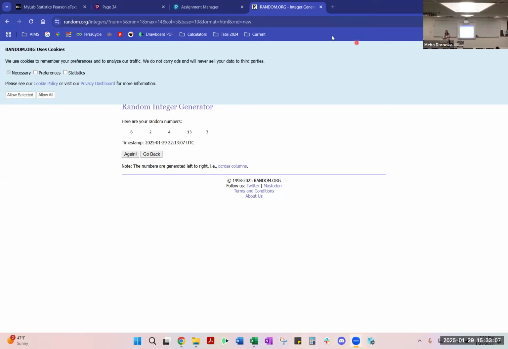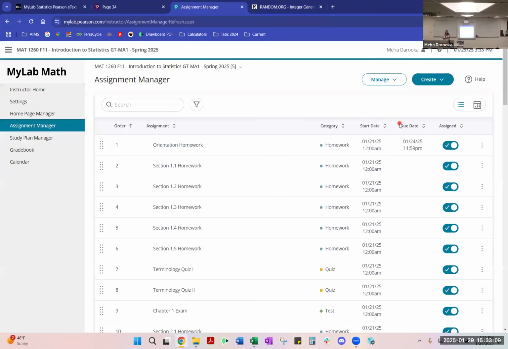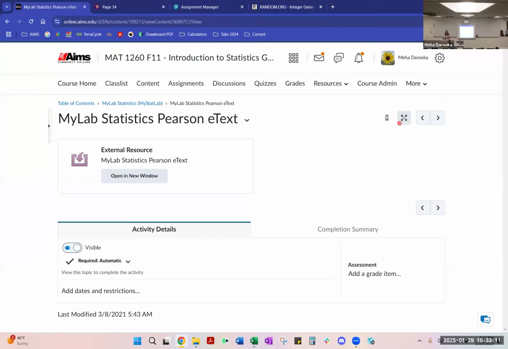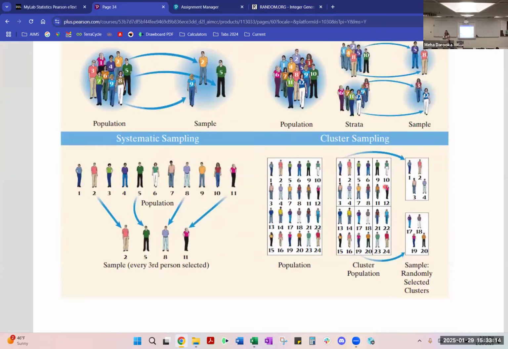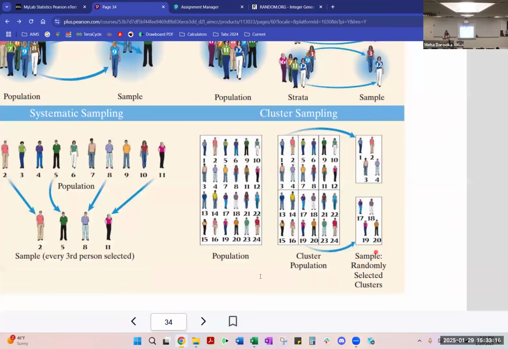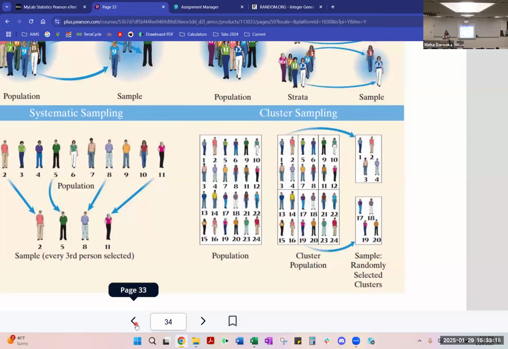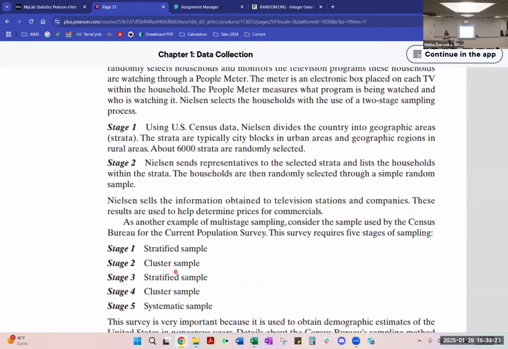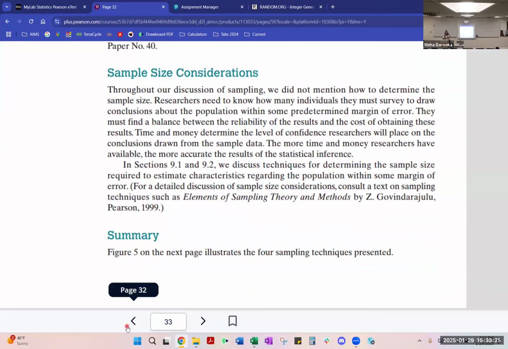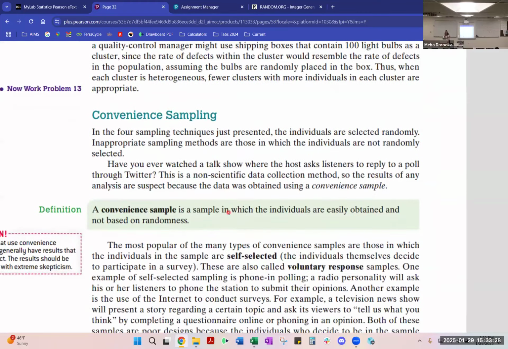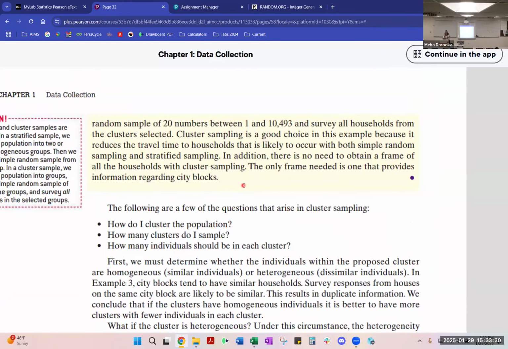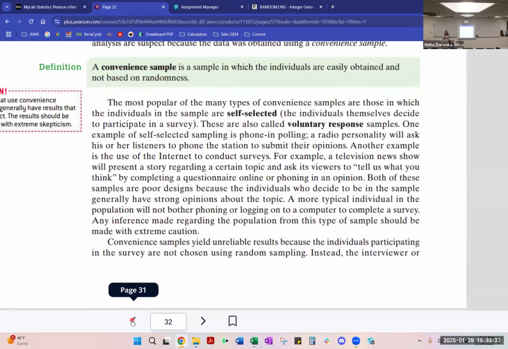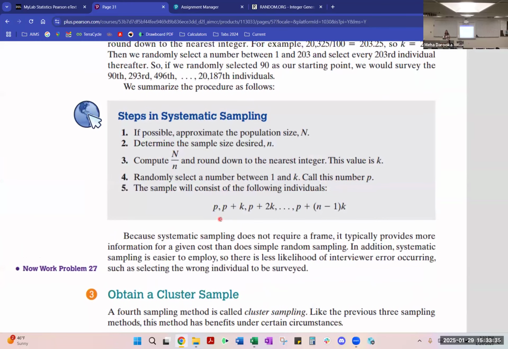Okay, so remember, when we are talking about selecting our sample. There we go. So you each know your population size.